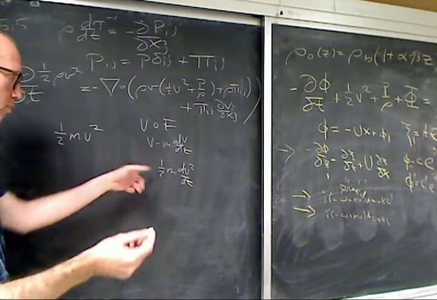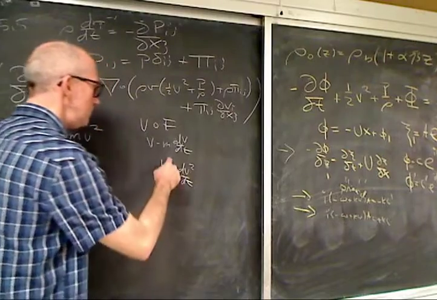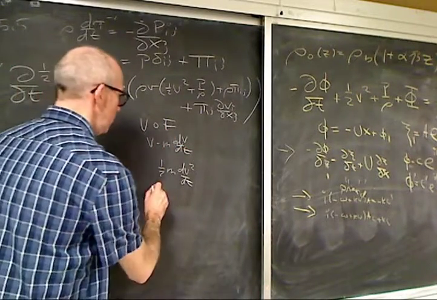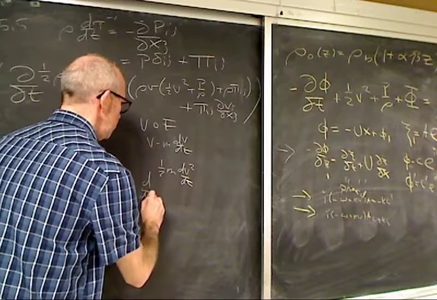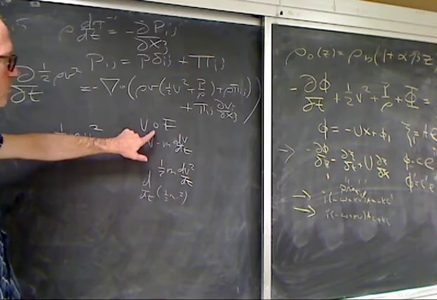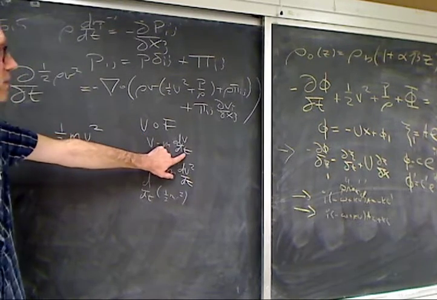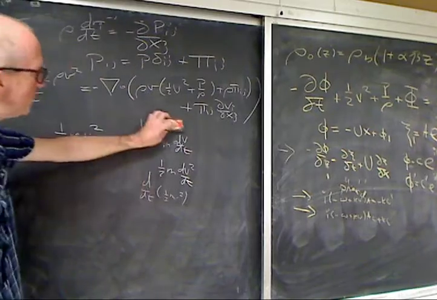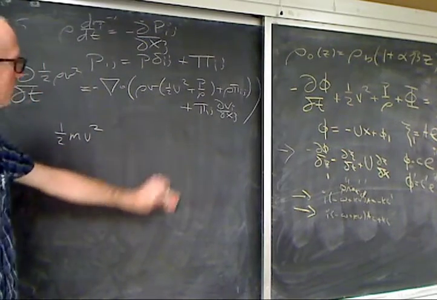Or I pull the mass into the derivative as well, because if I'm doing this properly, the mass ought to be inside the derivative. I get d by dt of 1/2 mv squared. So the 1/2 comes from the fact that you're dotting velocity into its derivative, and then you integrate. So that's where that 1/2 comes from. And that's exactly what we're doing here.